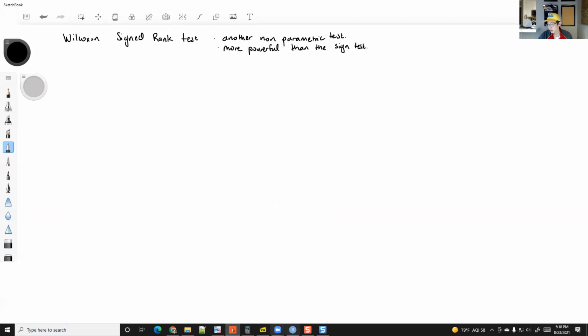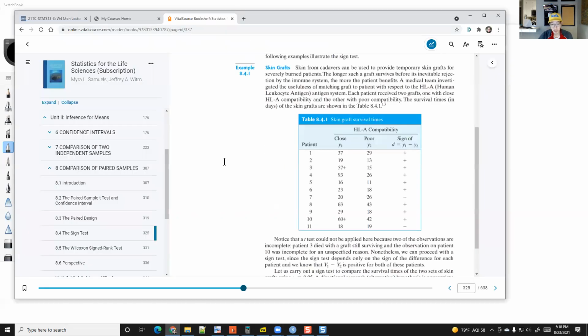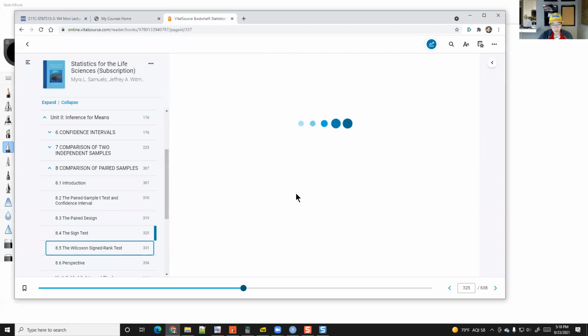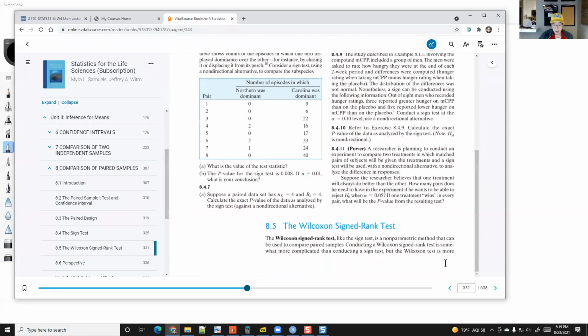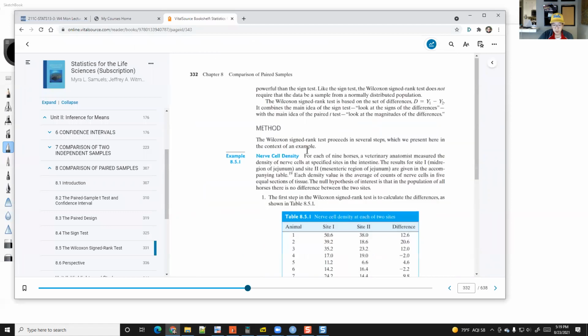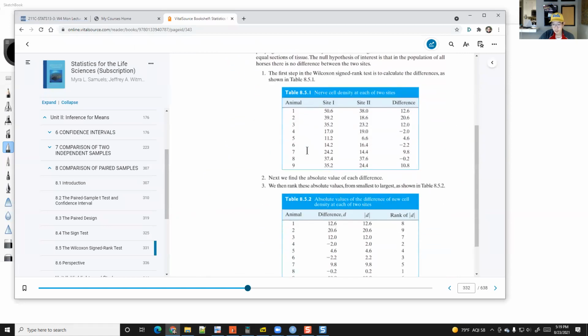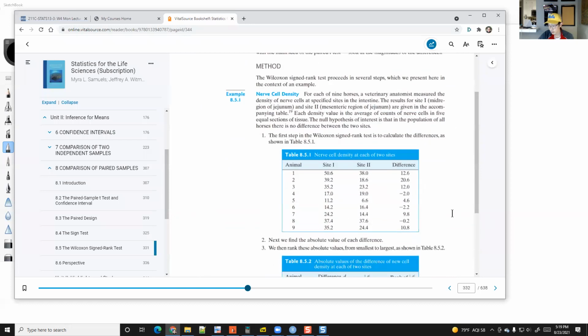Okay. So here I'm going to use another example from our textbook. Let me copy this.